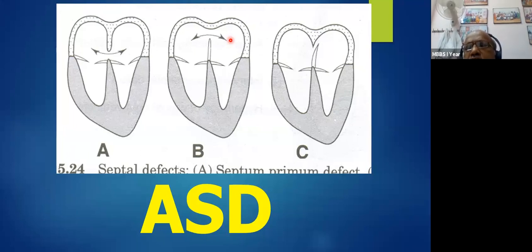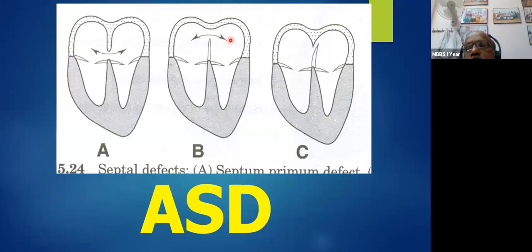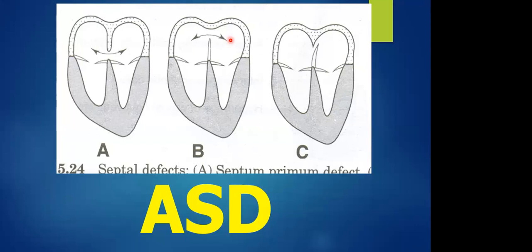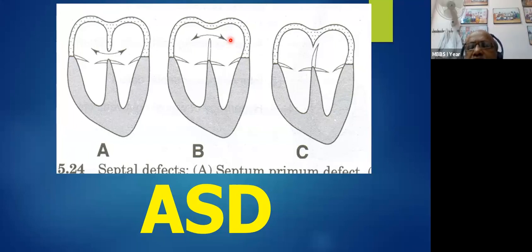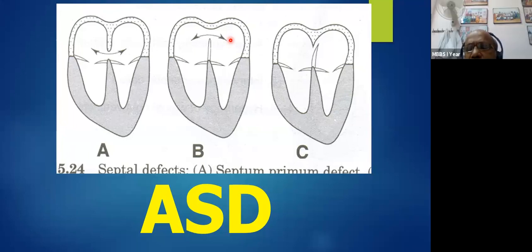Septum is septum, ostium is opening. What do you want to tell? Ostium primum type. First you tell A, B, C. A is ostium primum. Complete it: ostium primum type of atrial septal defect.